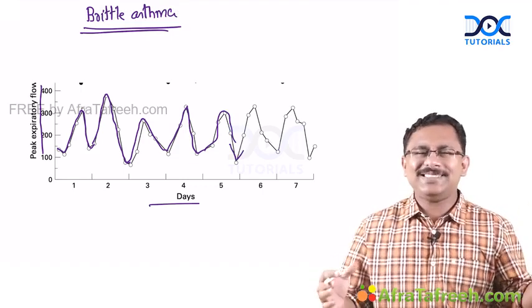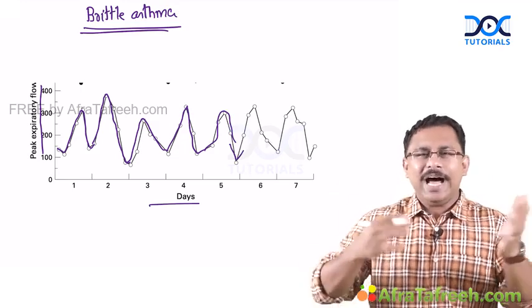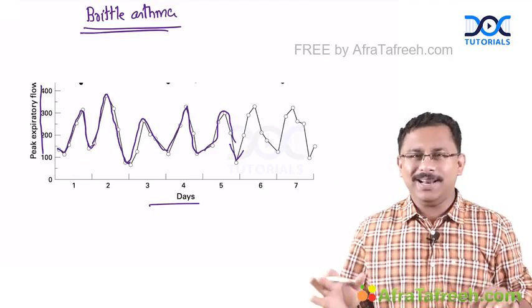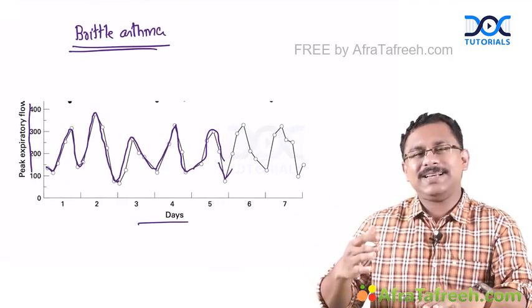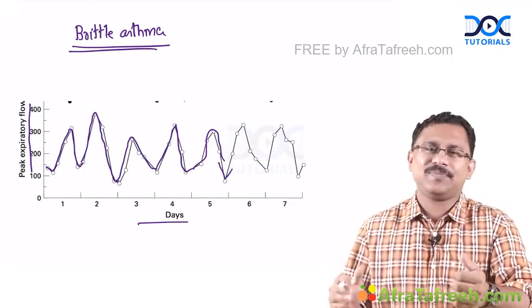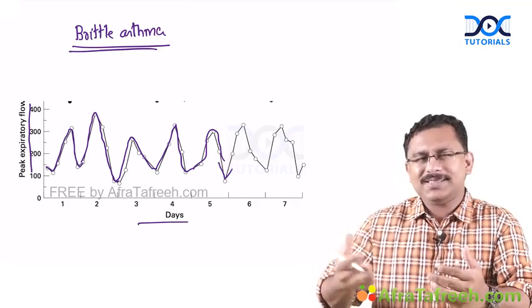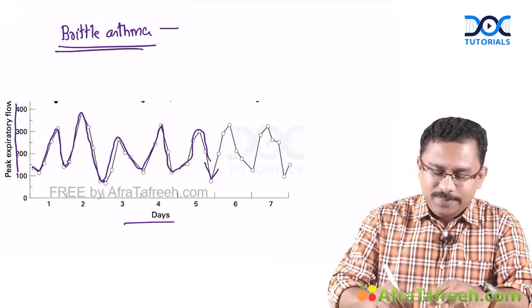Though asthma is a reversible airway disease, this much of ups and downs is not expected, but that is what happens in brittle asthma, where an individual's pulmonary function is dramatically changing. And that is again contributing to recurrence of his episodes as well. Now brittle asthma is of two types.